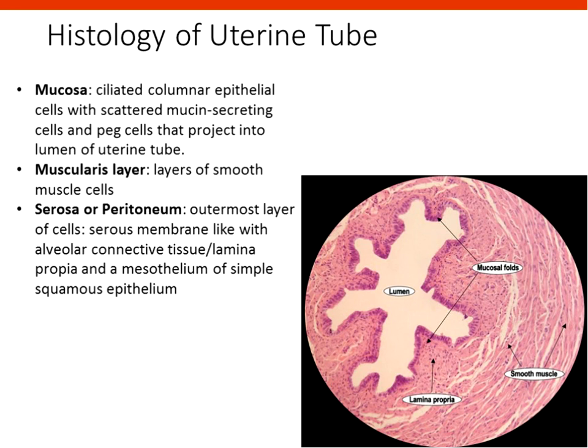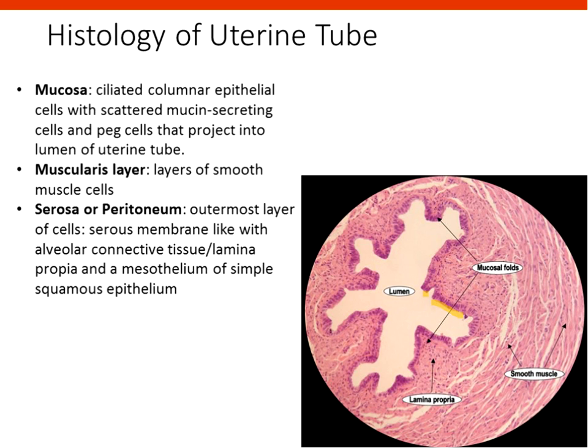All right, so histology. When we look at the inside, we know that there's a ciliated, mucus-secreting epithelial layer for the mucosa of the uterine tube. Some of these epithelial cells are just ciliated epithelium that beat and beat, so they move the mucus that's coming from mucin-secreting cells, so they can move that with the ovum towards the uterus.